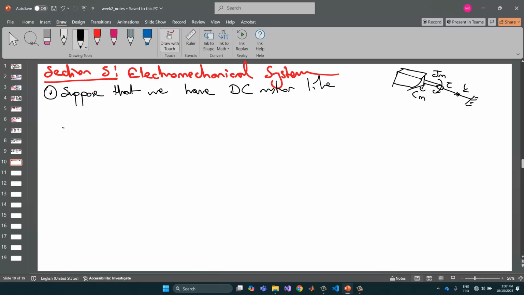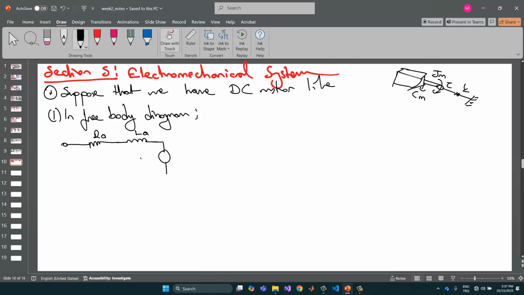So, in the analog, or we will call it the free body diagram, we have the what, just remember the system dynamics lesson, R A, and also inductance, which is given in here, and also V A or V B, back EMF voltage, right?